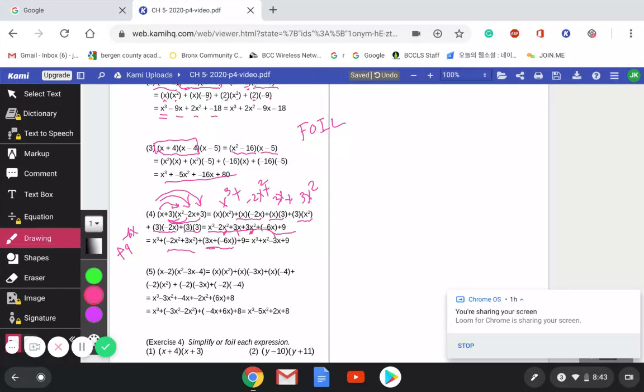So if you simplify the like terms in group, you have x cubed plus x squared minus 3x plus 9. So that's how you do final answers. It looks complicated, but if you do it step by step, it's not that bad. Okay.